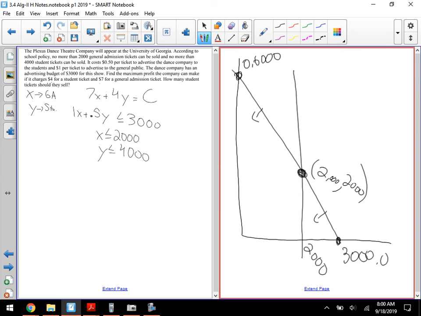Then you have a horizontal line through 4,000. What plus half of 4,000 is 3,000? Very good. So your x value there is at 1,000.